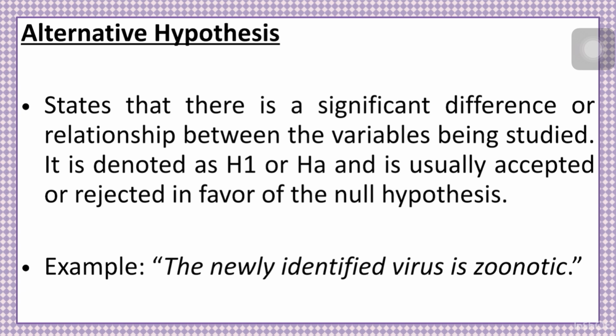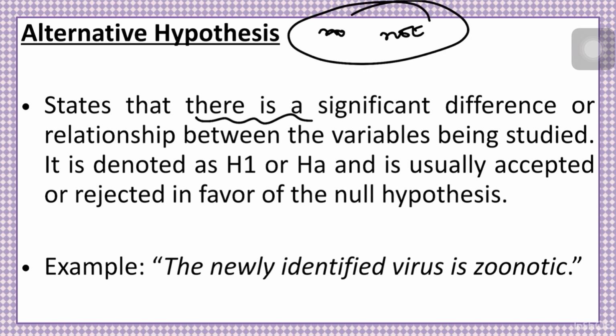Next is the alternate hypothesis. This is just the opposite of our null hypothesis. Over here, the only difference is that these are positive statements. In the null hypothesis, we use terms such as no and not, which are negative. However, in the alternate, we use positive statements such as there is a significant difference or relationship between variables.